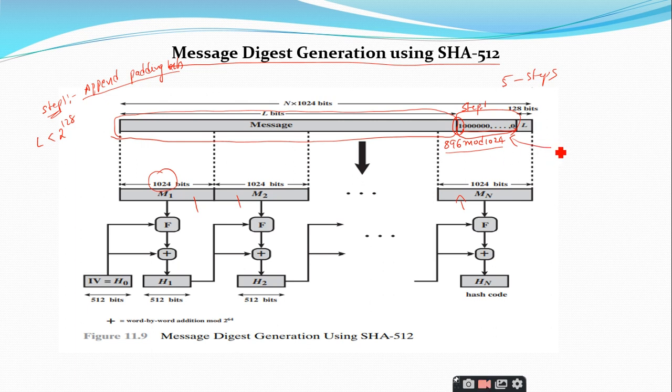So the number of padding bits is in the range of 1 to 1024. As I told, the padding consists of a single 1 bit followed by any number of necessary zeros. You cannot add it as you want, right? You should remember that the purpose of padding is to make the n blocks, consisting of 1024 bits for each block.